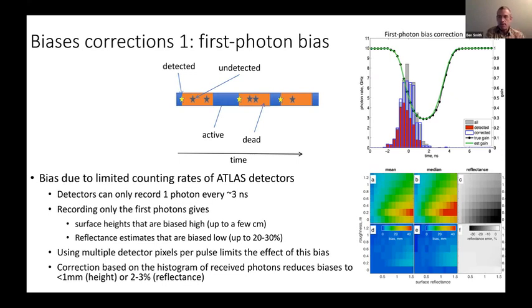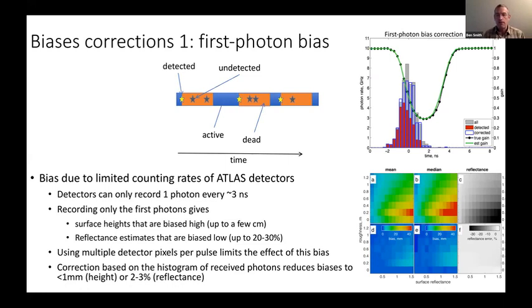But if the photons come in very quickly, or just by random chance, even if the probability of getting hit by more than one photon is low, it still happens. And that can bias the mean elevations high for strong signal cases with moderate amounts of surface roughness. So we've put together a correction that we call the first photon bias correction that uses a model of the detector to correct for problems of this type.